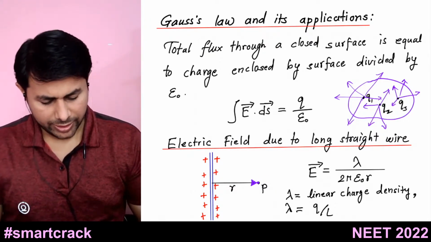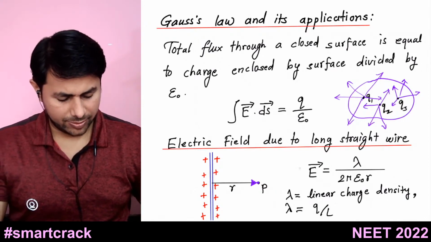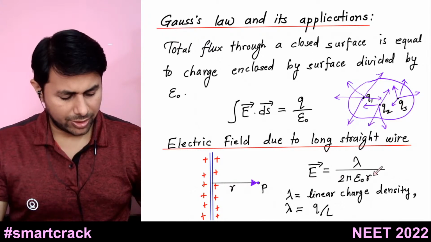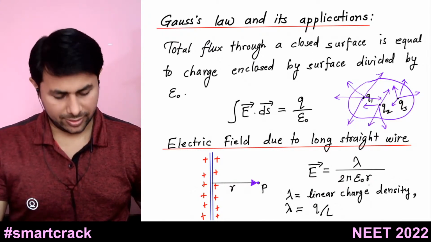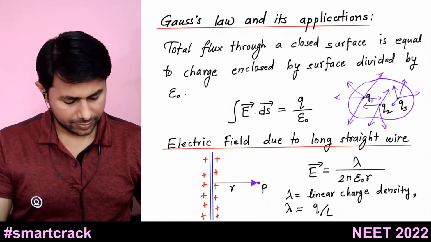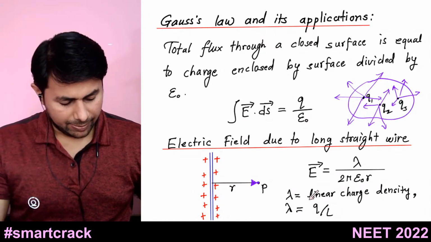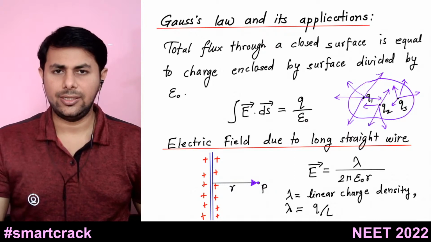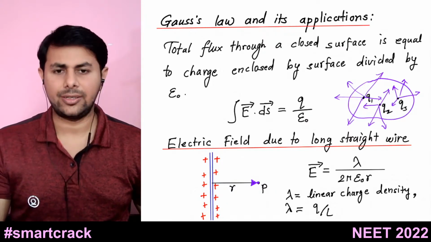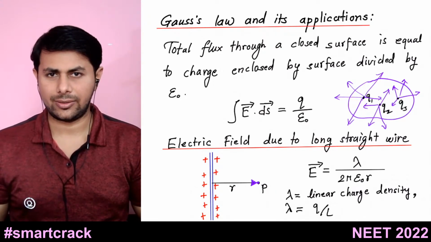And what's the magnitude? The magnitude of this electric field due to this long straight wire is lambda upon 2 pi epsilon naught r, where r is the distance of that point. Lambda is the linear charge density. What is linear charge density? It is the charge on this wire divided by the length of the wire.